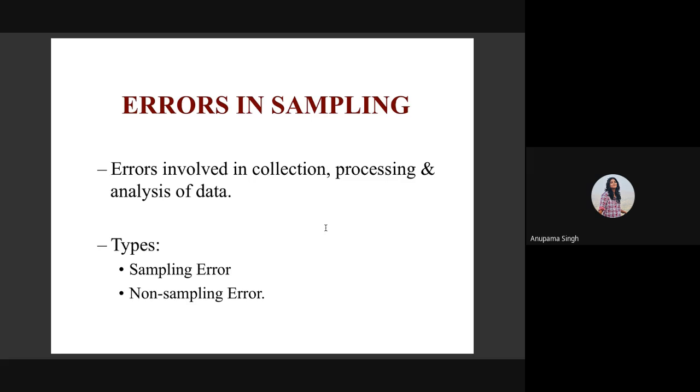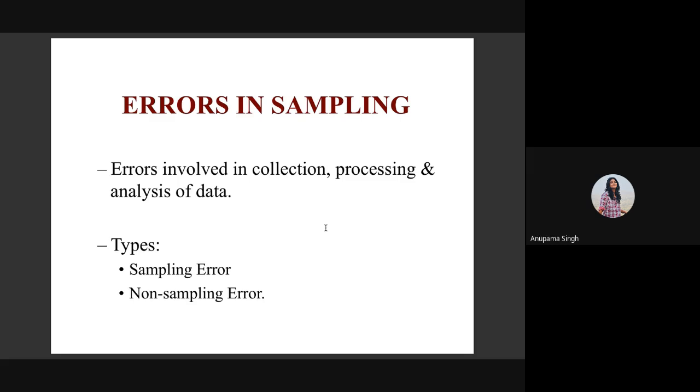From the process of when we start doing sampling, from the process of making our sampling frame to the end of the process, that is the collection of the data, different kinds of errors can occur in the sampling. One is sampling error and another one is non-sampling errors, right?